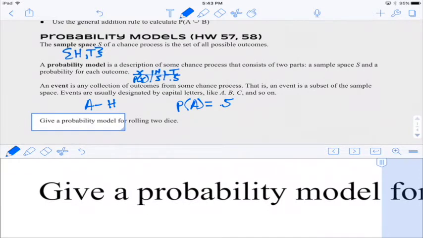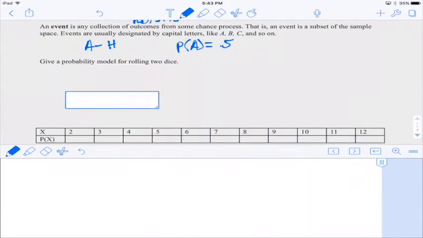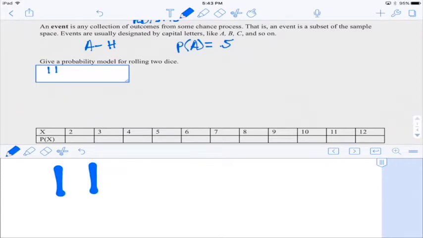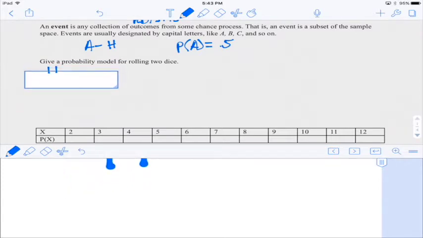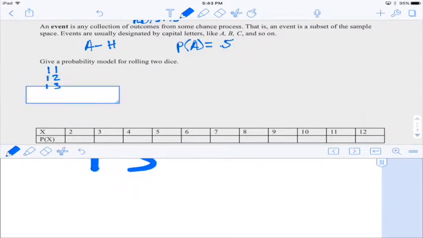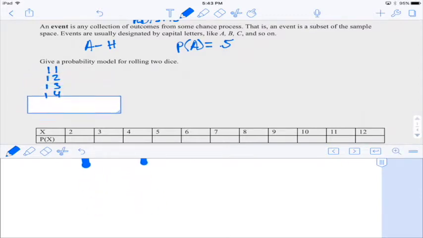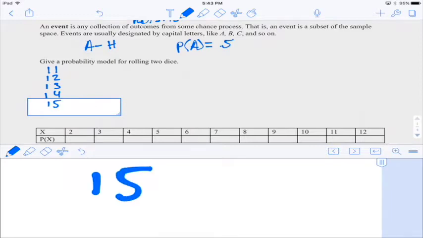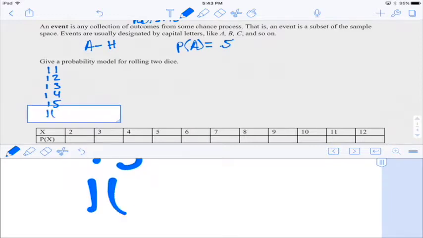So give a probability model for rolling two dice. Well, a lot of things can happen. If we roll a six-sided die, because it doesn't specify, we're just going to assume, we could get a 1 and then a 1. We could roll our dice and get a 1 and a 2, listing everything that's possible. A 1 and a 3, a 1 and a 4, 1 and a 5, and a 1 and a 6.